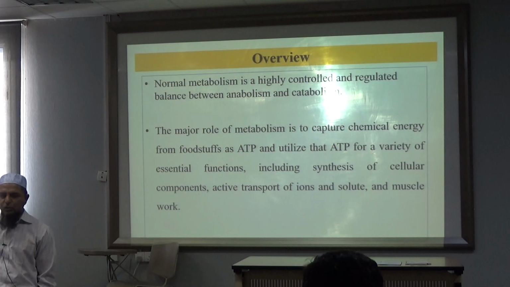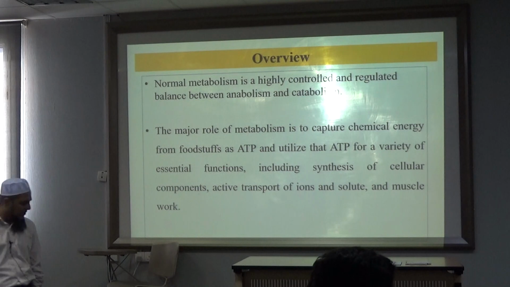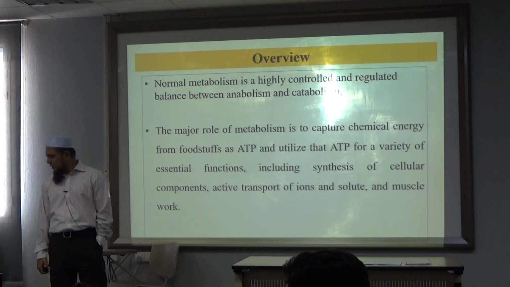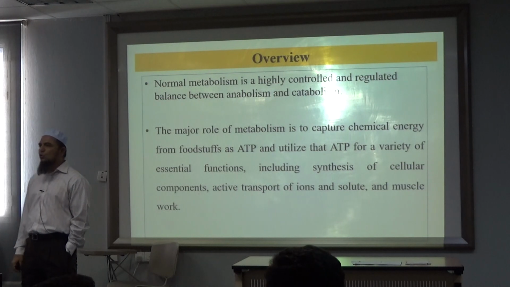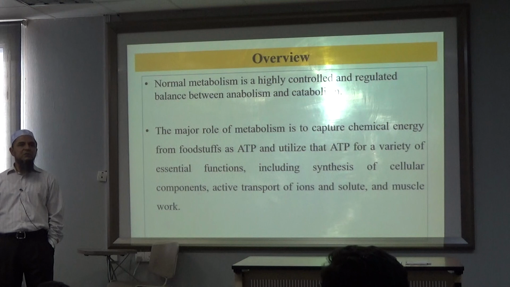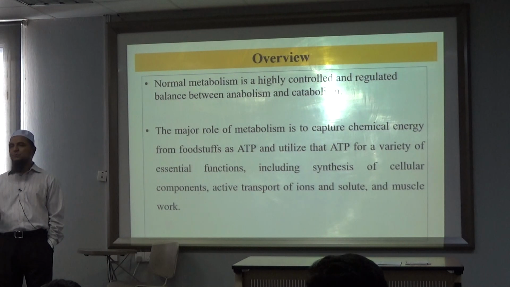So for example, there is a normal glucose metabolism, you have anabolic action, you have catabolic pathways, normal level of the blood glucose, and if there is a derangement in that normal metabolic pathway, we come up with hyperglycemia or hypoglycemia.